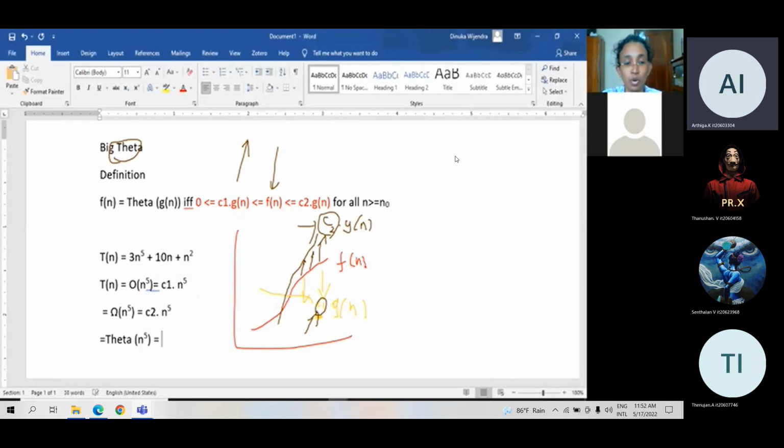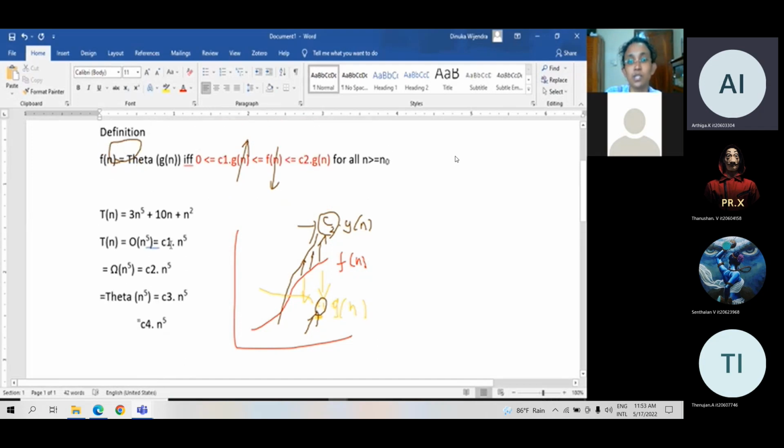Here you have two constants, like C3 dot N5 and C4 dot N5. Sorry about this one. Okay. This is how the constants are going. This C1 is up, a very big value.